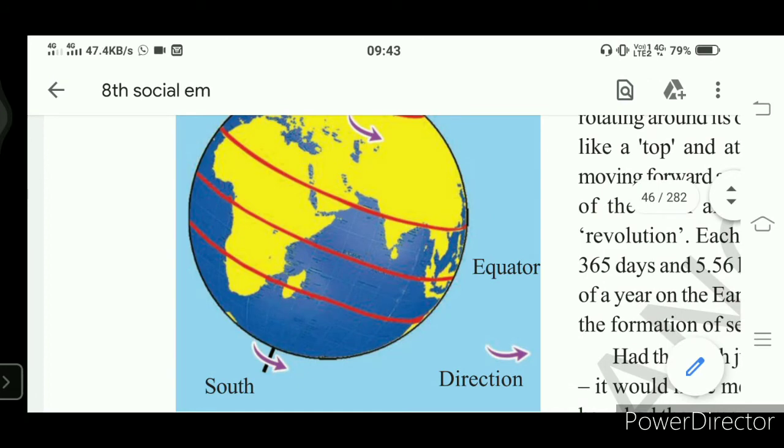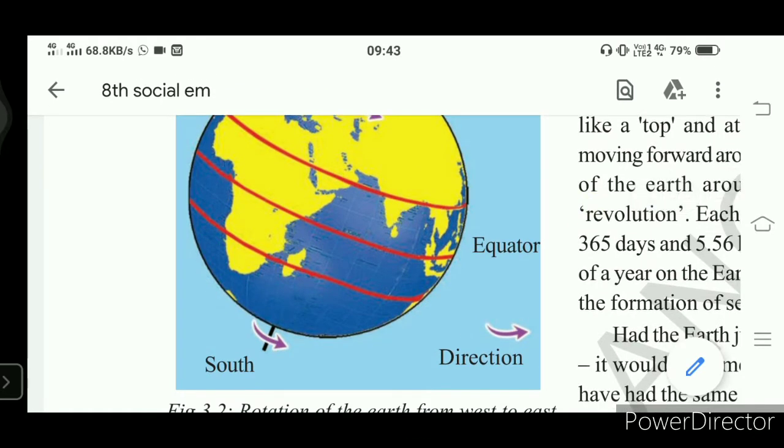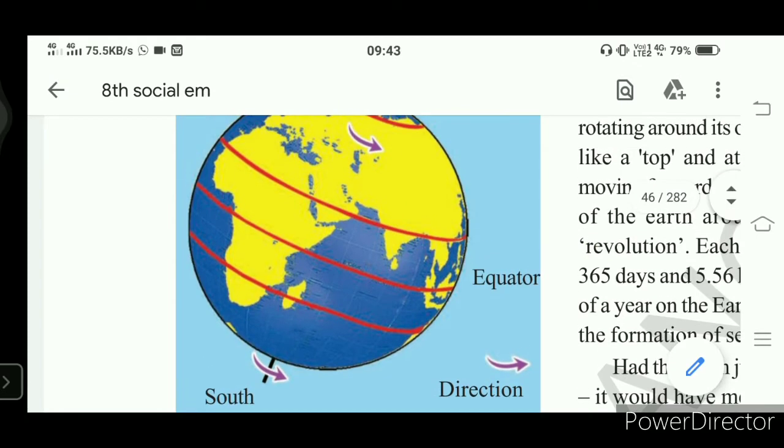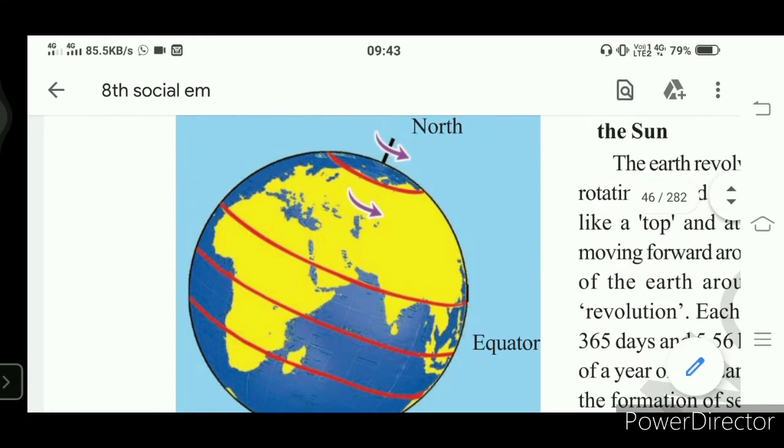combines with the spherical shape of the earth to influence the distribution of solar heat over the earth. Here the solar heat is distributed throughout the earth by the combination of the spherical shape and the axis, which is tilted.